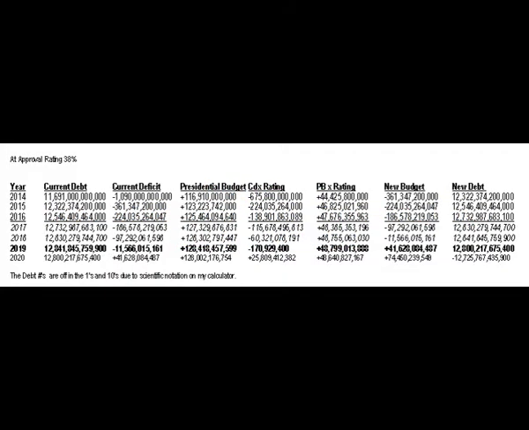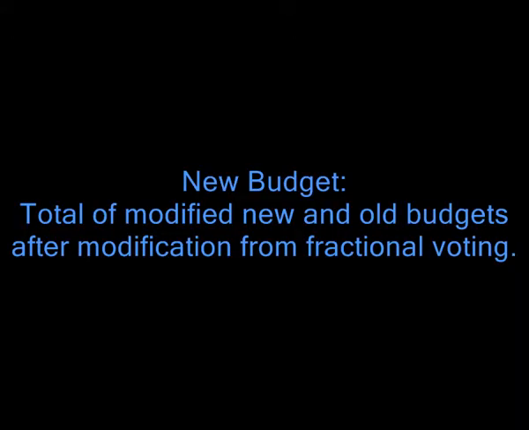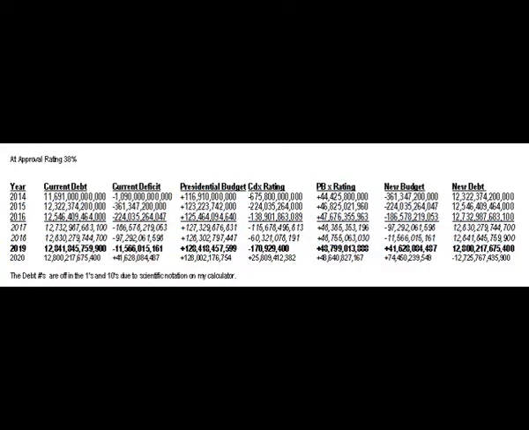The PB times rating column is the proposed budget times the approval rating. The percentage of votes this math assumes it will get, again, 38%. The new budget is simply the CD times rating column and the PB times rating column added together as of Step 4 in my proposal.